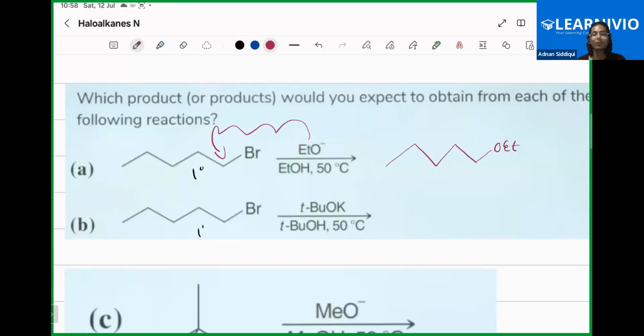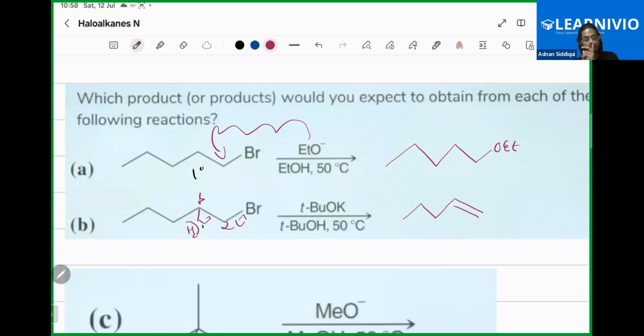So automatically you will go for elimination. For elimination, this is your alpha position, this is your beta position. You will abstract a proton from here, the bonds will go like this, and your bromine will be removed. You will get an alkene. Is it clear now?